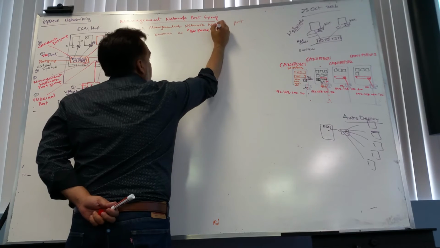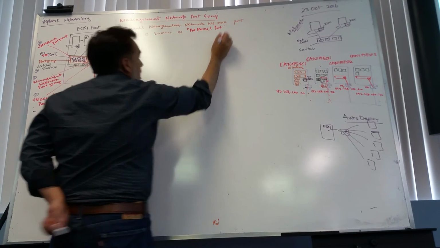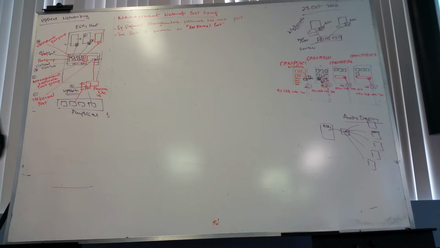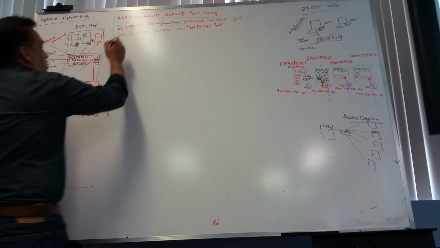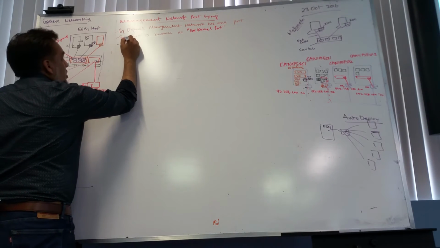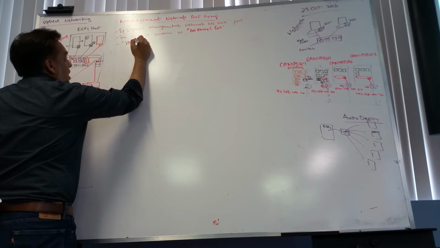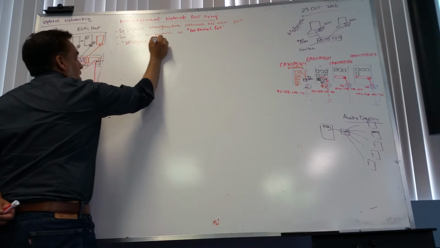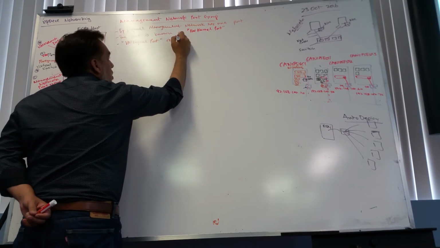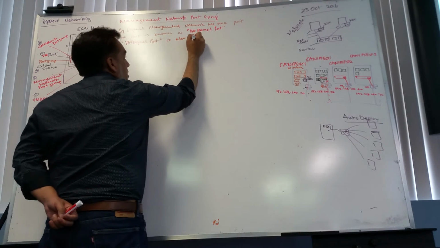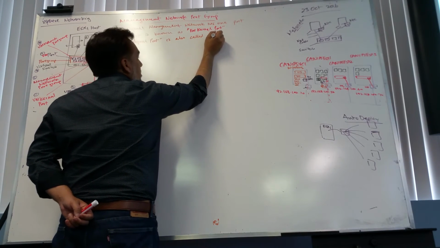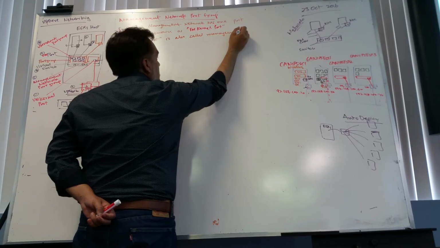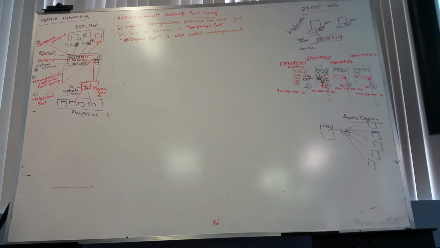The main function of this port is to get us connected to the management network of the ESXi host. VM kernel port is also called management port.